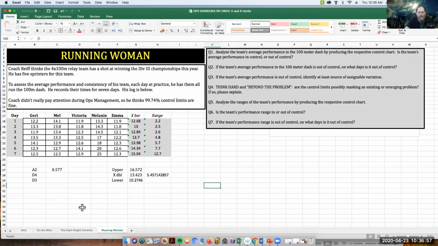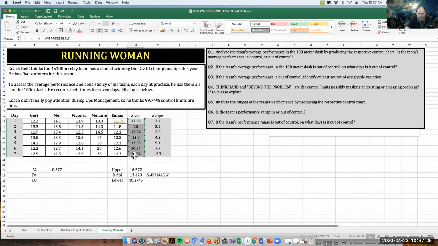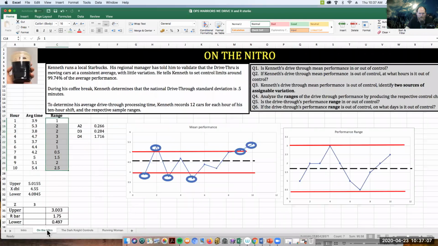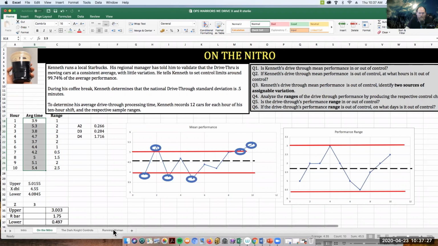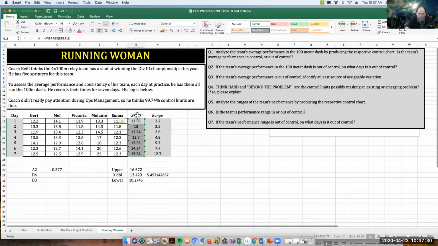Yeah. So let's think about this. I want you to look at these, and we have this X bar, and then look at our nitro problem. Here we didn't have all those individual values that went into making X bar. These values that I'm pointing out on the screen are X bars. The only difference between this problem and this problem is you had to determine the respective X bars.